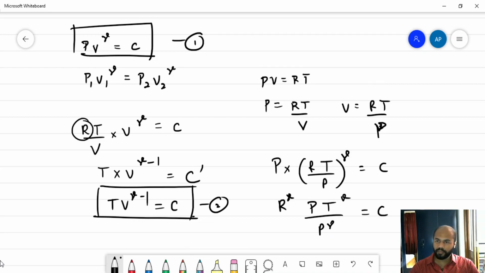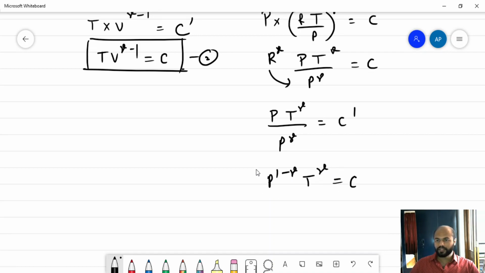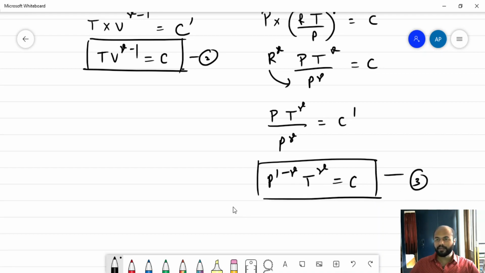So R raised to gamma, which is a constant, can be taken on the other side, and it simplifies our goal. So T raised to gamma by P raised to gamma is another constant C dash, because this is taken on the other side. So this relation becomes P raised to 1 minus gamma T raised to gamma is equal to some constant. This is relation number 3, which is used in adiabatic process.